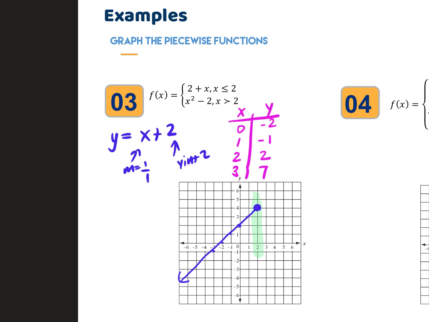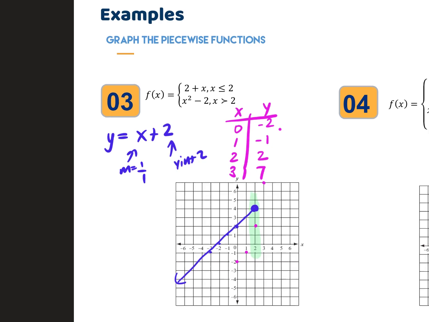I need to find points so I can plot my parabola. So I have 0, negative 2. I have 1, negative 1. I have 2, 2. I have 3, 7. And then the next one would be somewhere up there, right?